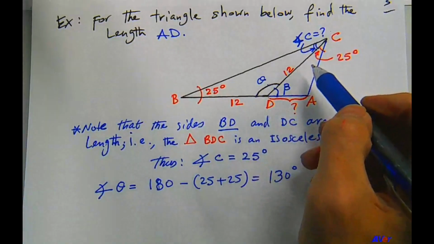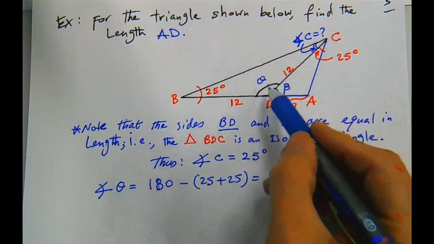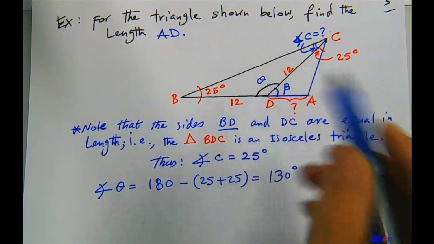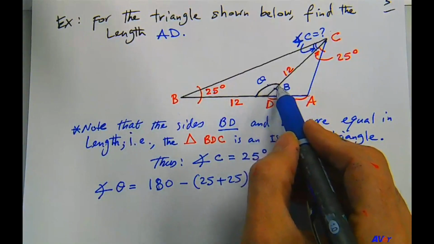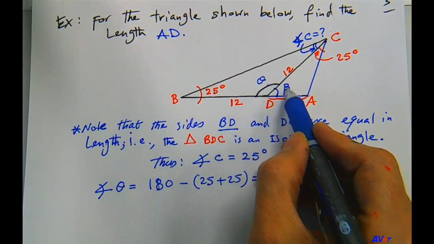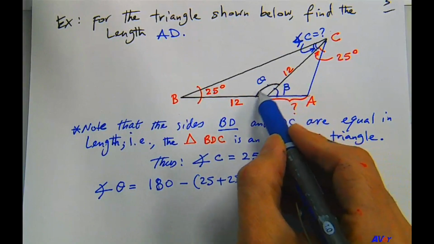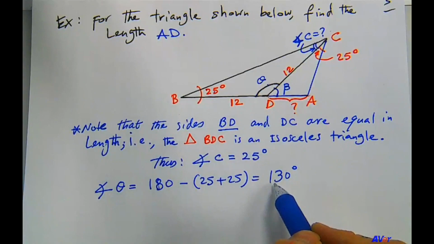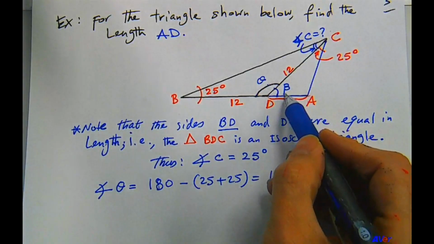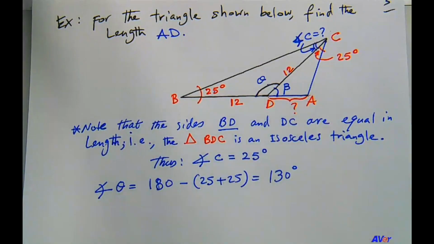So from elementary geometry that we learned in high school, we know that this whole thing is 180 degrees, right? That whole thing. But now we know theta is 130 degrees, so beta is how much? It has to be 50 degrees, right? So let's write that down.